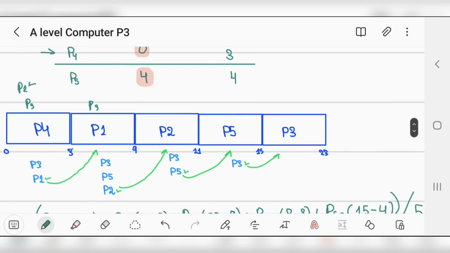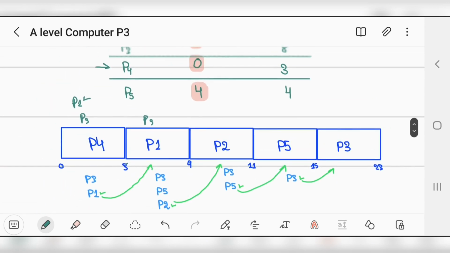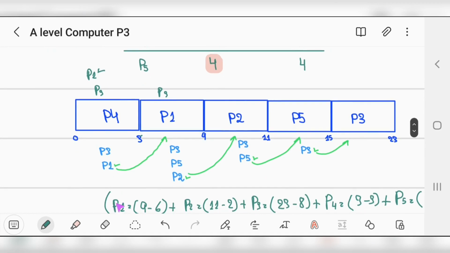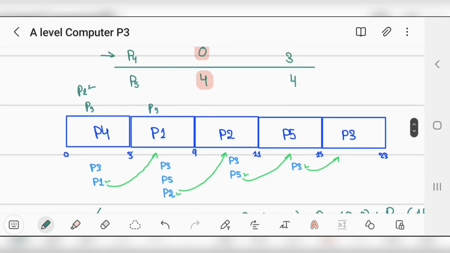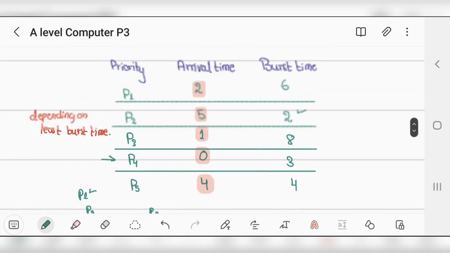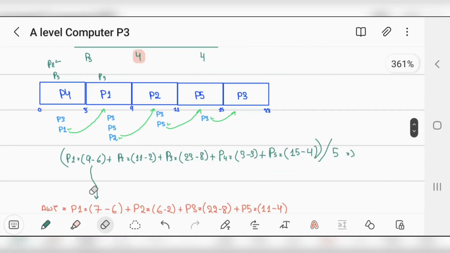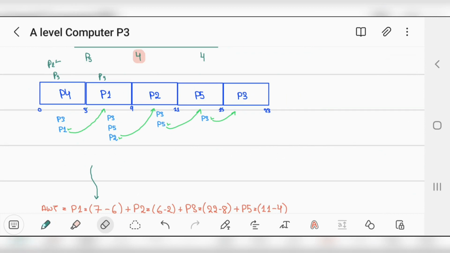Now I want to find the average turnaround time. First finding the completion time. The completion time for P1 is 9 seconds, minus the arrival time. Arrival time is 2 seconds. Let me remove this because it is wrong.